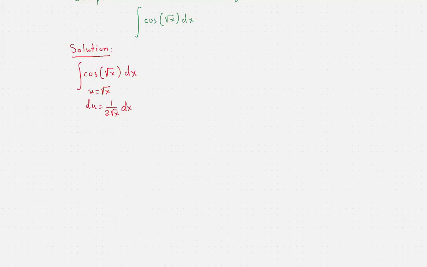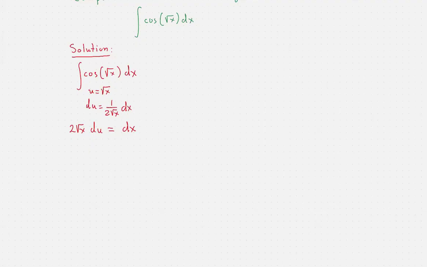So what we do is we carry this over to the other side. So we multiply, in other words, both sides by 2 square root of x. And once we do that, we have to make sure that we don't have any x's on the left.